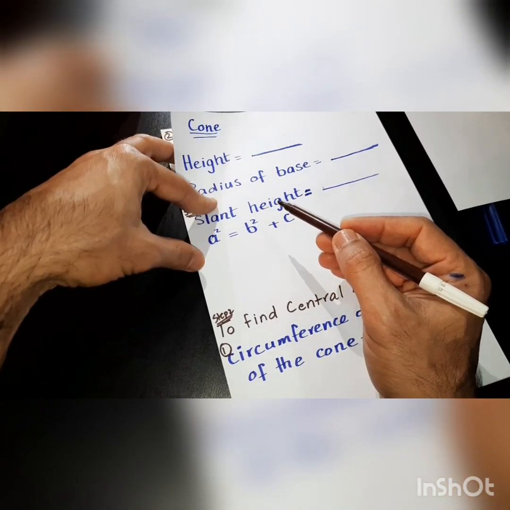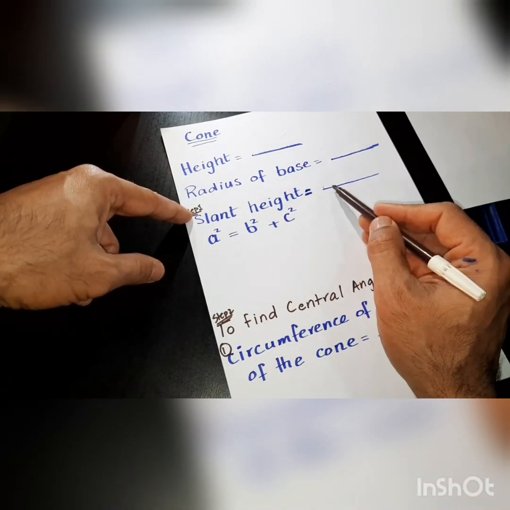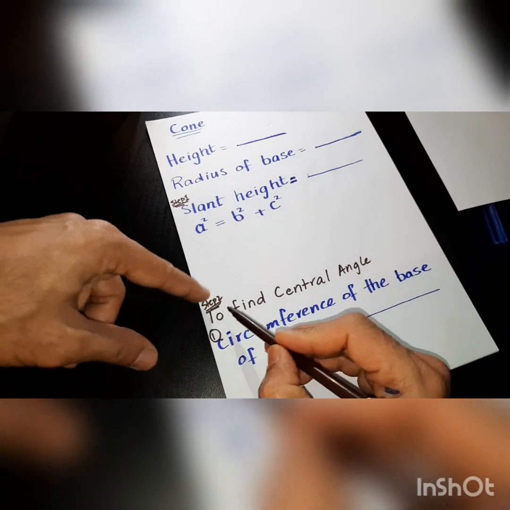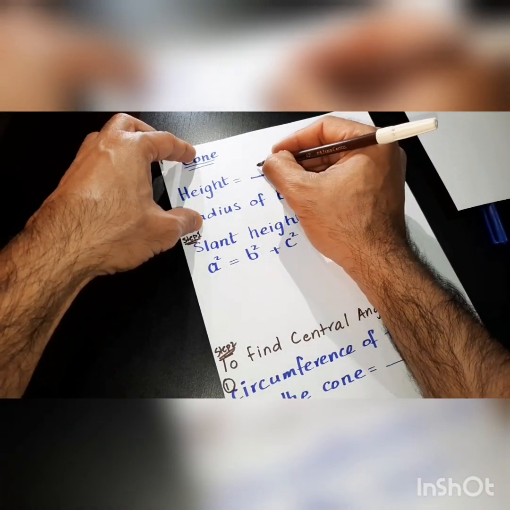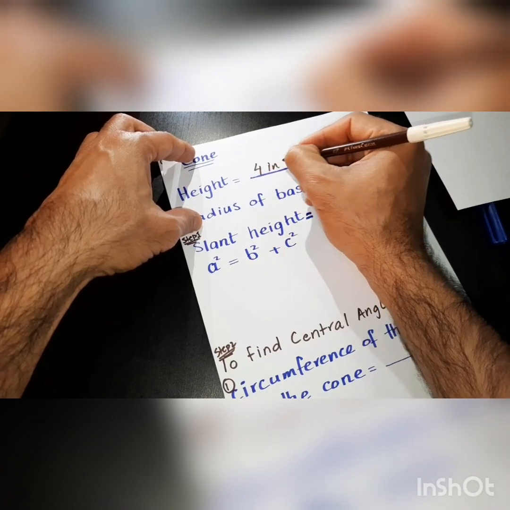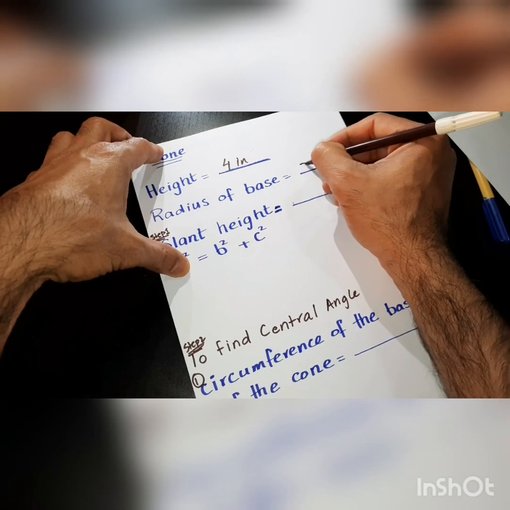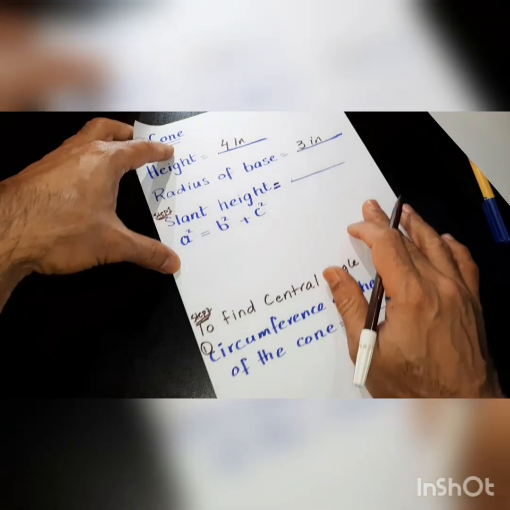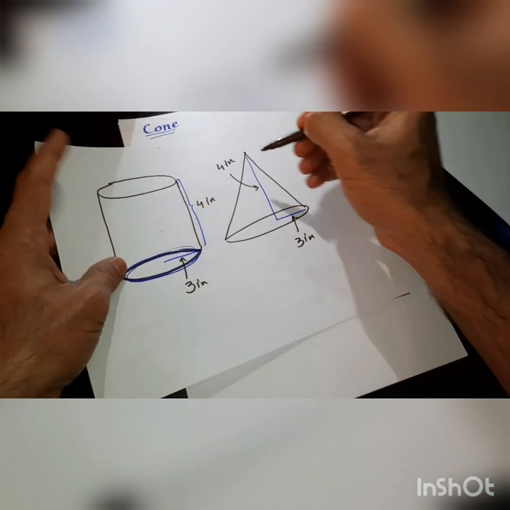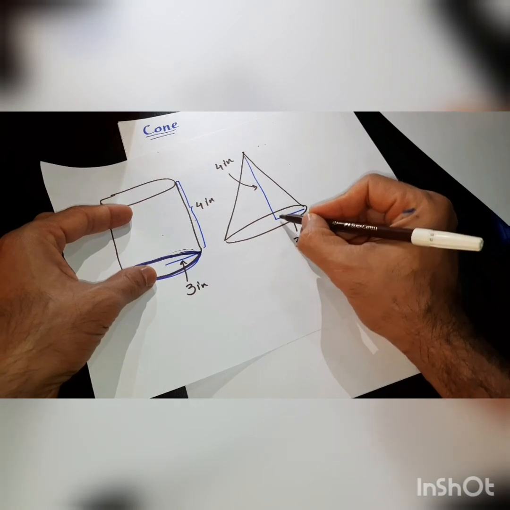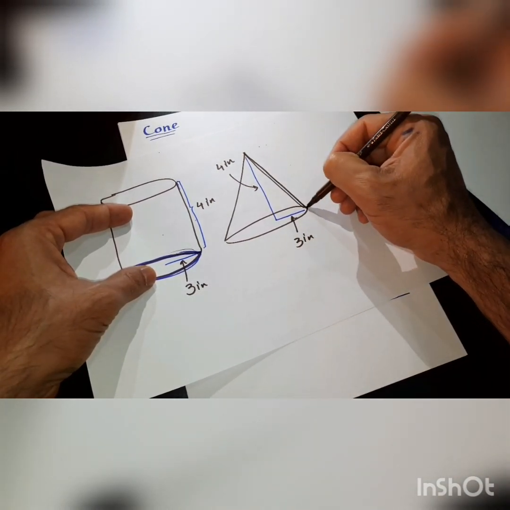All the calculations for the cone will be done in 2 steps. Step 1 is to find the slant height, and step 2 is to find the central angle. Since we have the same height, 4 inches, and the radius of the base of the cone is 3 inches, this is the vertical height, this is the base radius, and this is called the slant height.